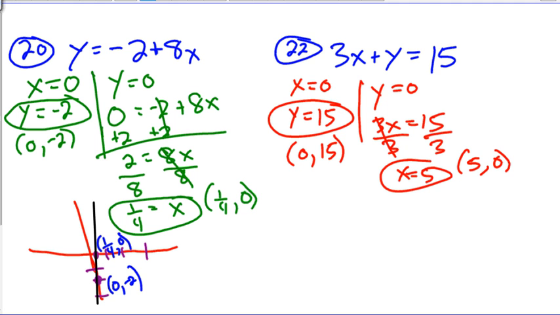Let's make our graph a little bit better. So we're going to go 1 to the right. 1, 2, 3, 4, 5. Again, there's 5, 0 right there.